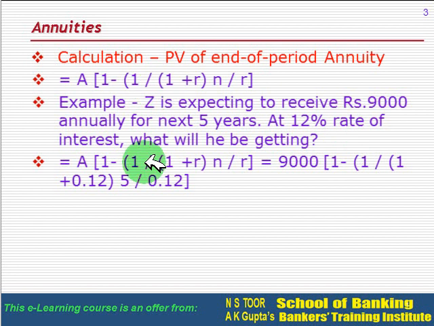So we have this formula, and here we insert the value in the formula. So 9,000 into bracket 1 minus bracket 1 divided by 1 plus rate of interest raised to power 5 periods, divided by rate of interest.